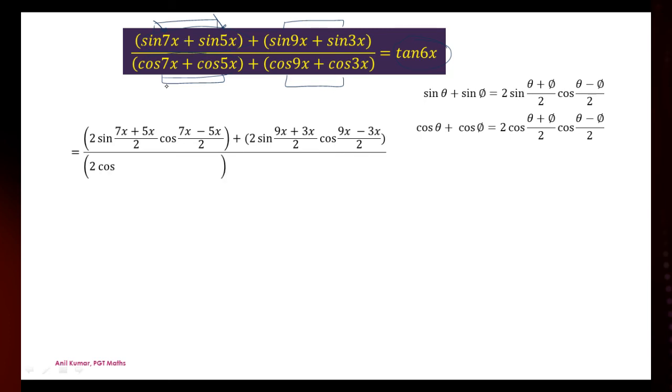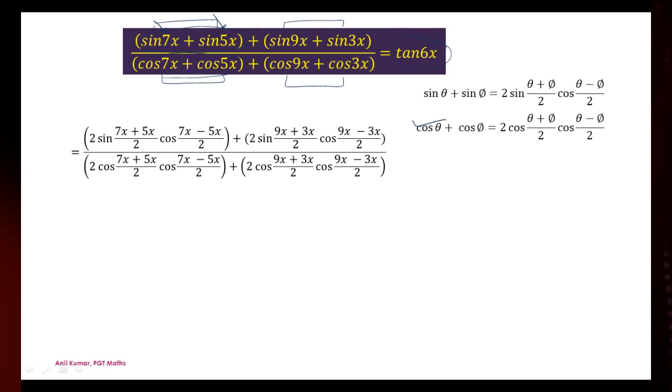And in the denominator, it will be cos theta plus cos phi, which is 2 cos of (theta plus phi) by 2 and cos of (theta minus phi) by 2. And in the second part, it will become 2 cos of (9x plus 3x) by 2 and cos of (9x minus 3x) by 2. So here I applied this second identity.